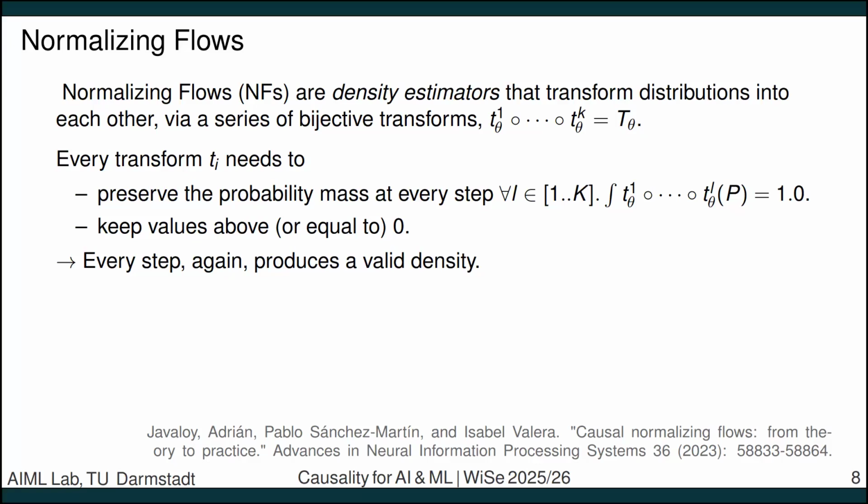So Gaussians which are zero-centered and have a standard variance of 1, and they are all assumed to be independent of each other. And to make this a valid density estimator, these transformations need to fulfill additional properties.